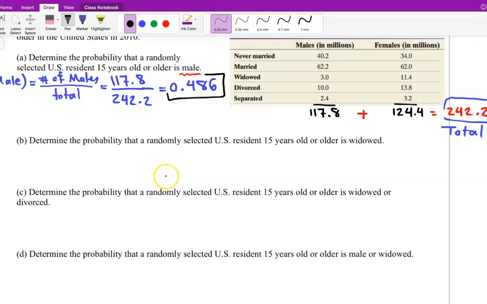Now part B, determine the probability that a randomly selected US resident is widowed. So we have this part. And for the output we have 3. And here we have 11.4. So we should add these two. And in total we have 14.4.